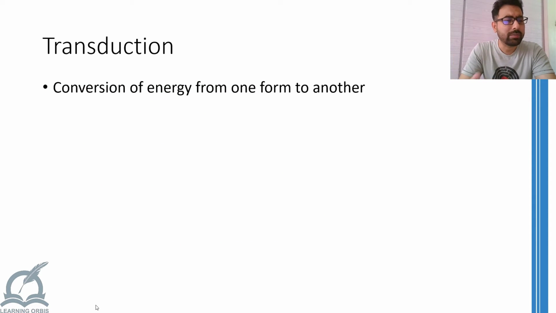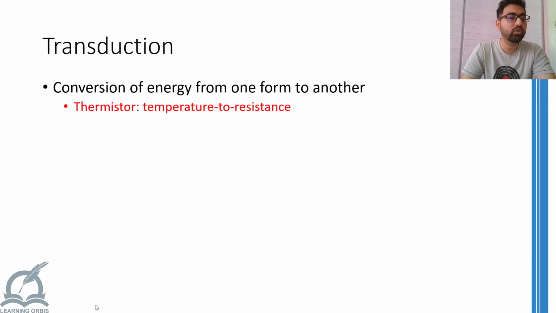Whatever sensor humans have made utilizes some form of transduction principle, converting energy from one form into another to sense and register a physical quantity. Just to name a few, a thermistor converts temperature into a change of resistance, whereas batteries and a few other instruments convert chemical energy into voltage.